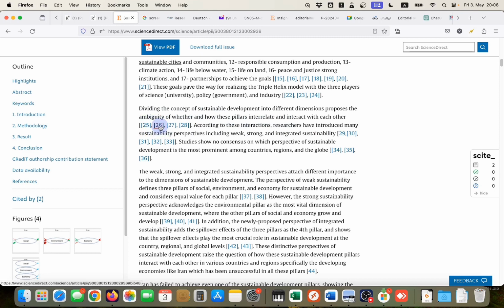Ambiguity shows that this sentence proposes a question and an ambiguity, and this ambiguity is accompanied with a problem, and by proposing this problem, this paragraph tries to show the problem statement, and then the research tries to resolve this problem.